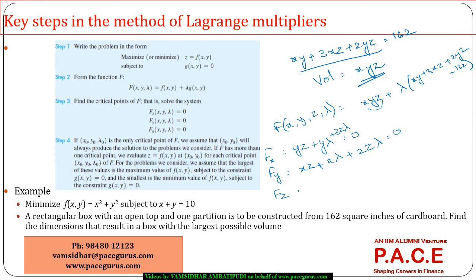I differentiate it with respect to z, I get xy plus 3x lambda plus 2y lambda is equal to 0. And I differentiate it with respect to lambda, I get xy plus 3xz plus 2yz minus 162 is equal to 0. So these are my four different expressions that I am getting.